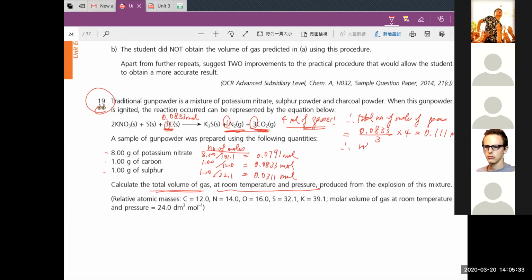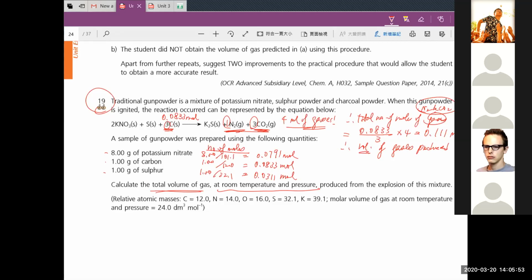And the volume of gases produced. Remember, the gases here mean N2 and CO2 together. So you are going to calculate volume, right? Don't worry.